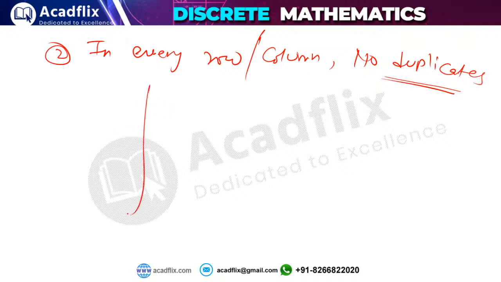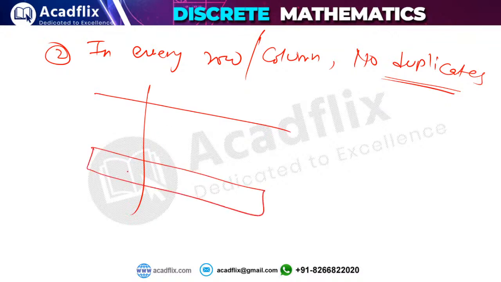What I mean to say is like this. Let's prove it, very easily. Let's assume that in this row you have a duplicate. By duplicate I mean, let's assume here you have X and here also you have X, and let's assume this is B, this is C, and this is A. So A star B is equal to X, and also A star C is equal to X. We want to prove that there are no duplicates, so we can prove it by contradiction.